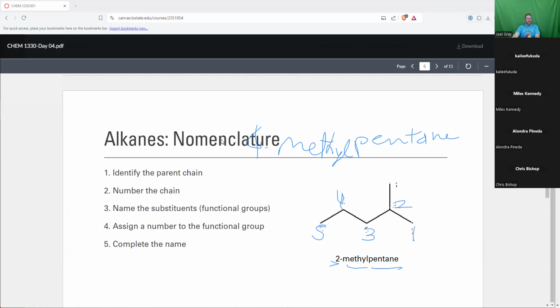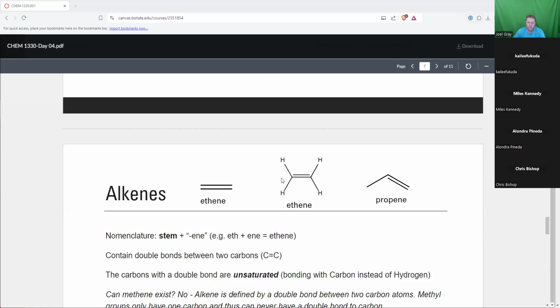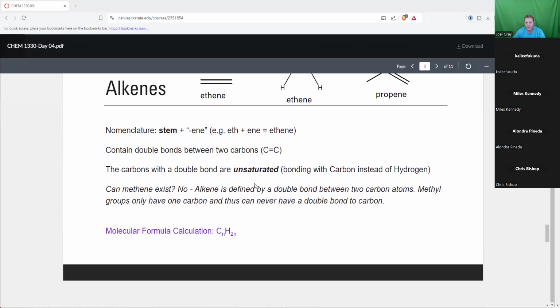Now, as we proceed from our alkanes, it can get a little bit trickier when we have alkenes, in part because our formula is different. So how many carbons does a molecule have and is an alkene?